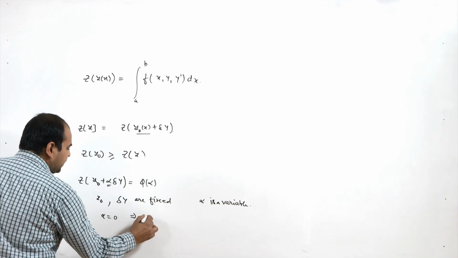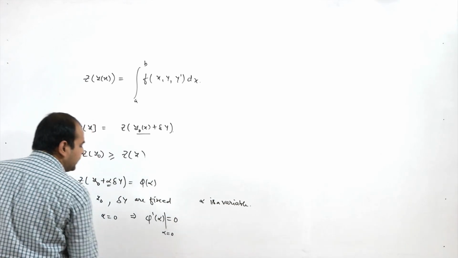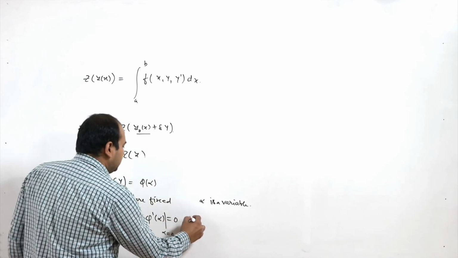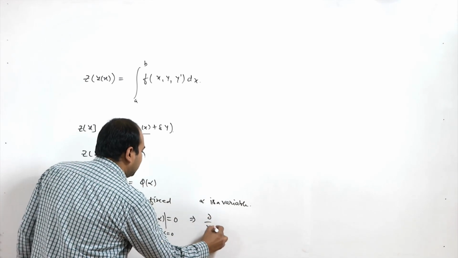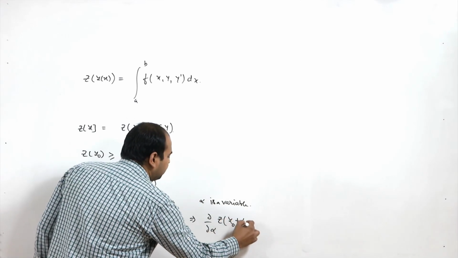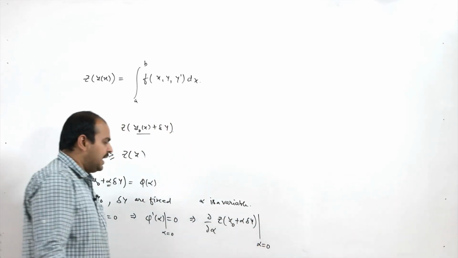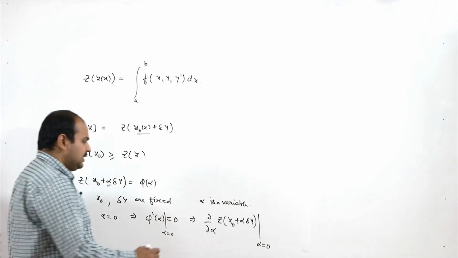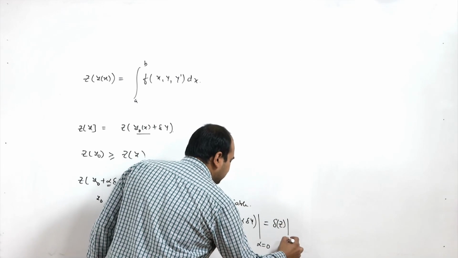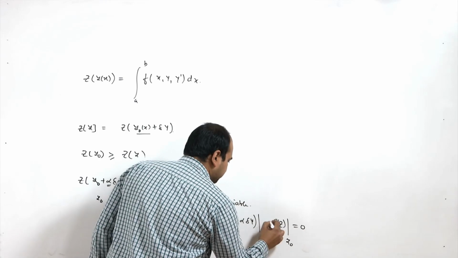So, this implies that phi dash alpha has to be 0 at alpha equal to 0, and if you calculate this phi dash alpha at alpha equal to 0, it comes out to be dever by dever alpha of z of y naught plus alpha delta y evaluated at alpha equal to 0, and we have already seen that this is nothing but the variation delta z evaluated at y naught, and this comes out to be 0.